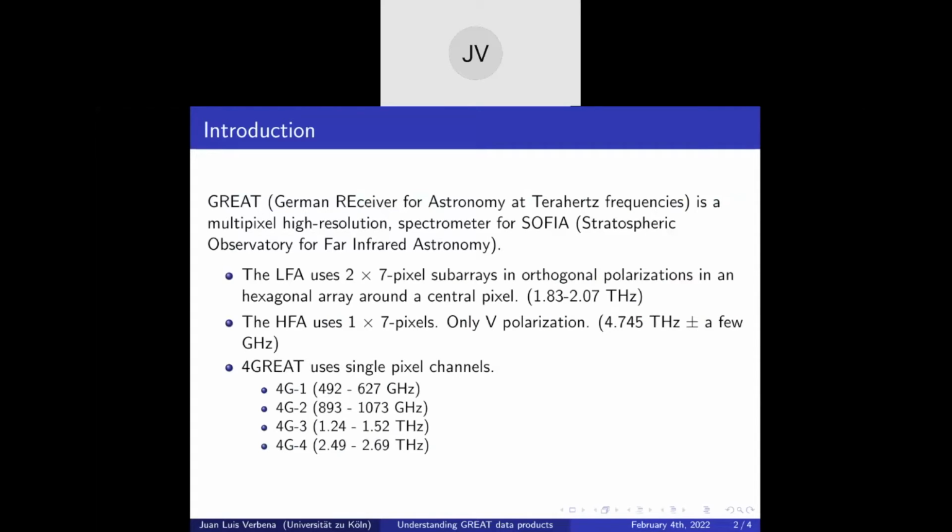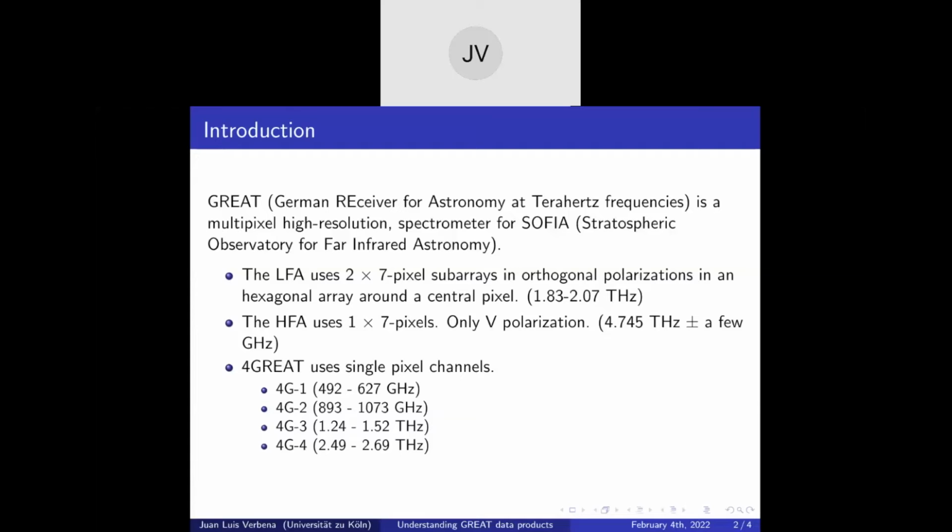GREAT is a heterodyne instrument, the German Receiver for Astronomy at Terahertz frequencies. It's a multi-pixel high-resolution spectrometer for SOFIA. Basically, we have three arrays. We have the low-frequency array, which consists of 7 pixels in a hexagonal array around the central pixel 0, and in 2 polarizations.